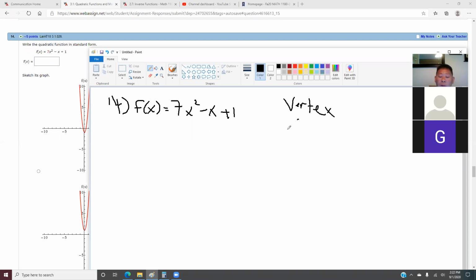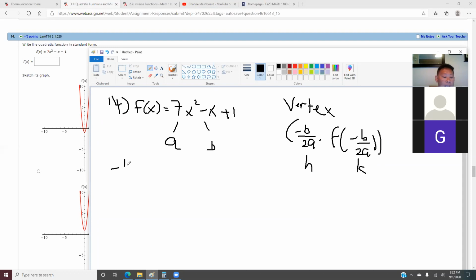And the vertex formula says -b over 2a, and then f of -b over 2a. This is what we call the vertex formula. And don't forget your vertex is h, k. Always simplify as h, k. So what you do in this case is this is your a, this is your b, -1.